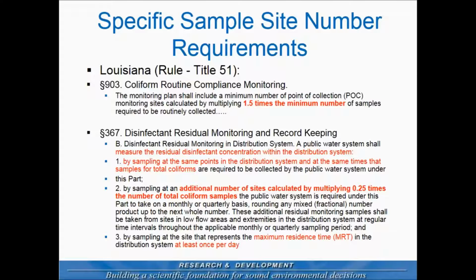And then they have a specific Section 367, disinfectant residual monitoring and record keeping, that says you should monitor at the coliform sites and additionally add a number of sites equal to 0.25 times the number of total coliform sites. And then the last item, number 3 below, is once a day at the maximum residence time site. So that's a handful of states that have specific requirements.